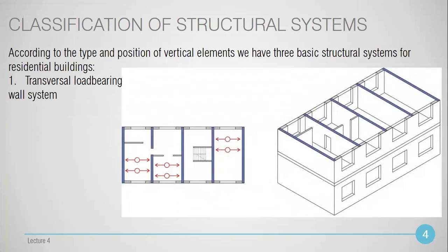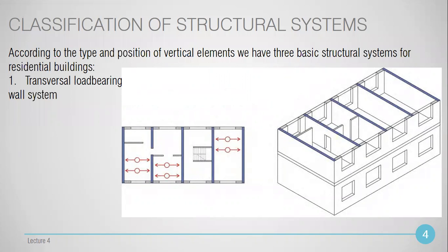Classification of the structural systems. There are several types of structural systems according to the position of the vertical elements. According to the type and the position of the vertical elements, we can divide them into three main structural systems.